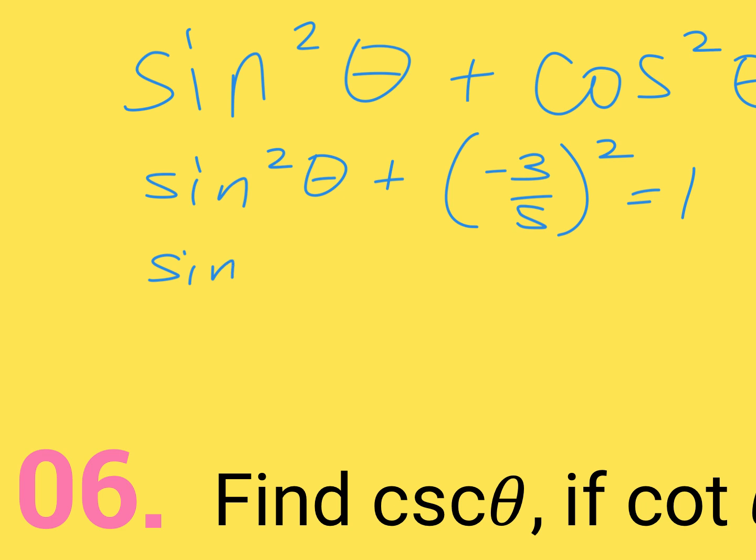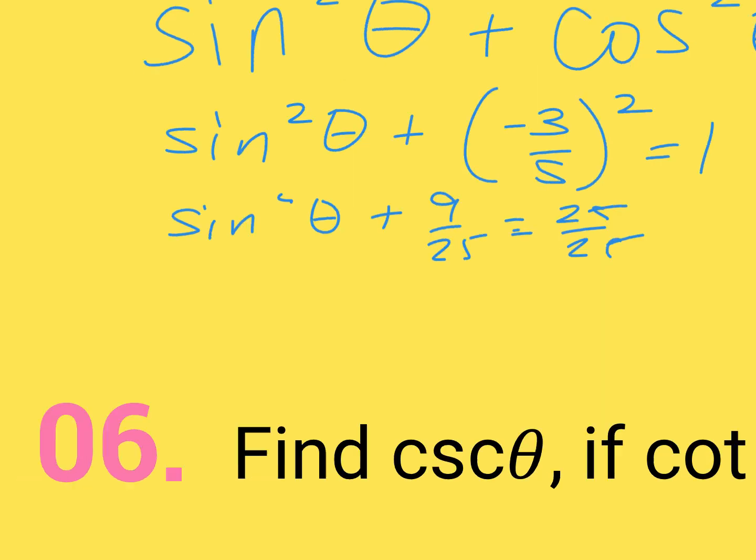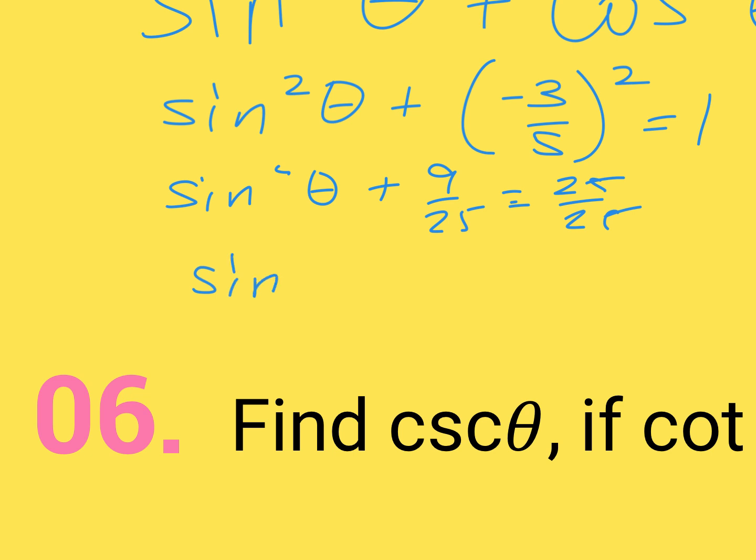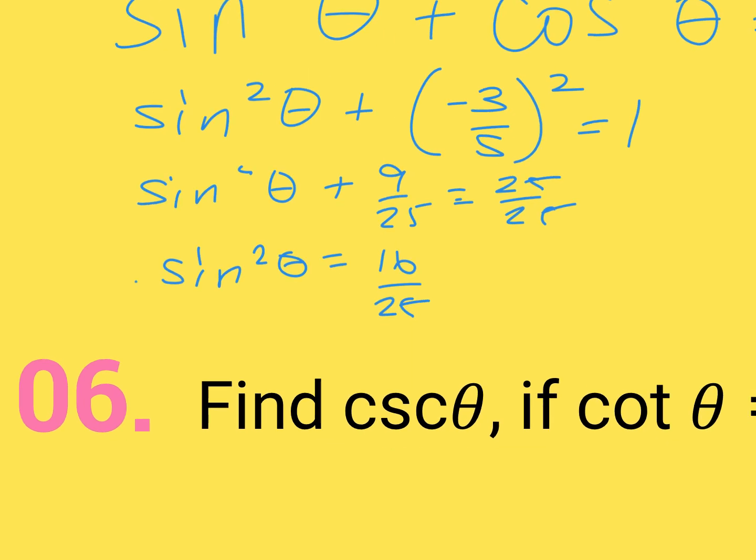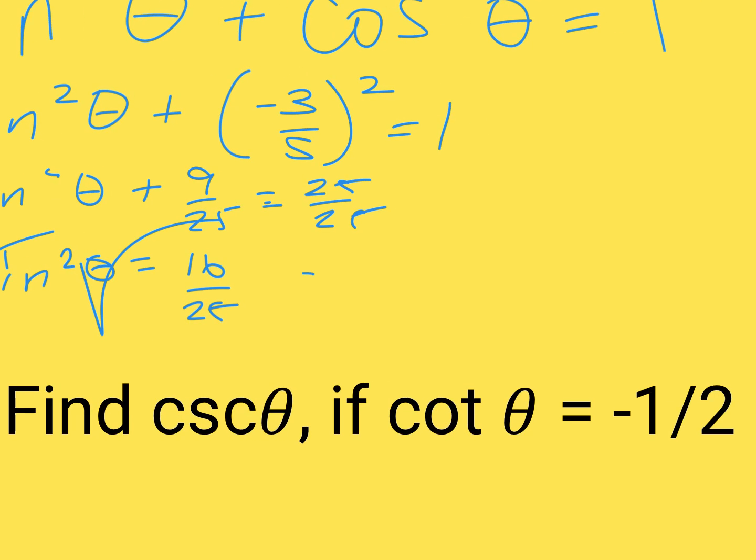So sine squared theta plus 9/25 equals, can I change that to 25/25? Okay. Now I'm going to subtract from both sides. So sine squared theta equals, what's 25 minus 9? Perfect. And then I take the square root. So I get the sine of theta equals plus or minus 4/5.